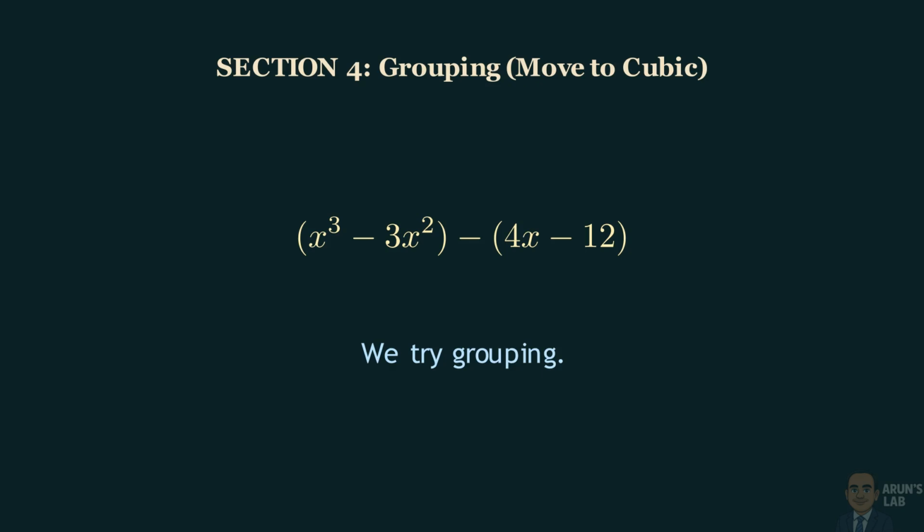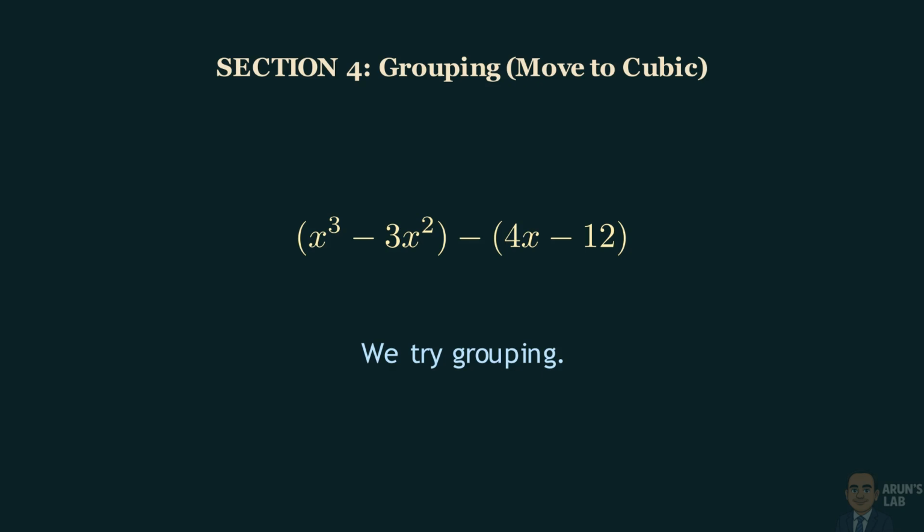Why minus 12? Because when we introduce a bracket after the minus sign, we need to reverse the sign inside. When we open the bracket, we multiply the minus sign with each term, so we get -4x + 12.